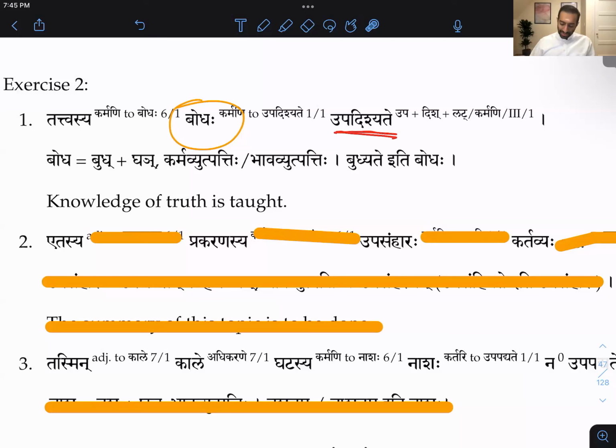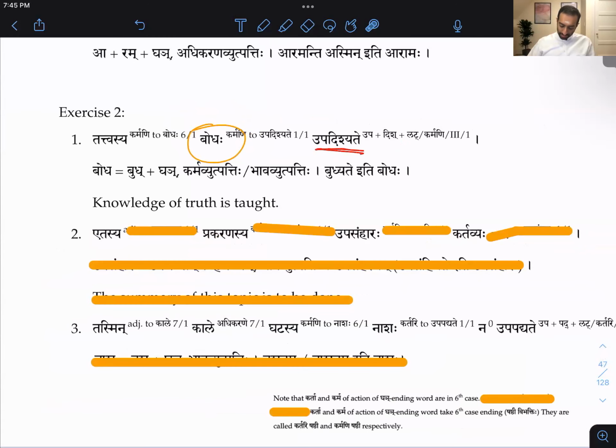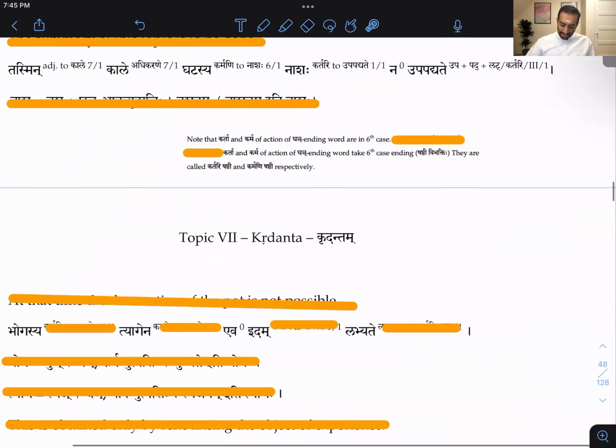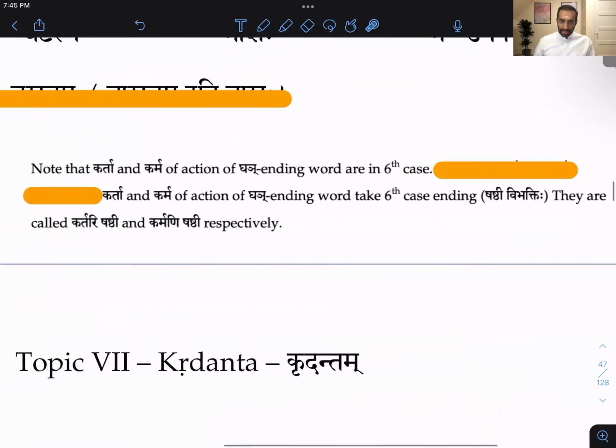Now, what we need to see here is that the karta and karma of the action of ghan-ending words are in the sixth case. Let me say that again.